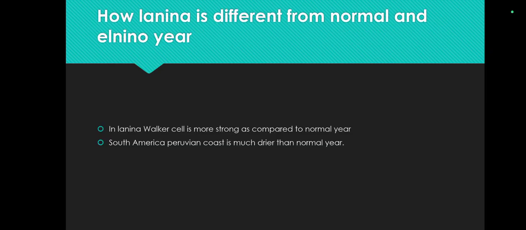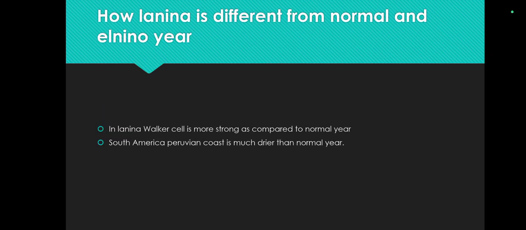Now I will tell you about La Nina, the third term, and how La Nina is different from the normal year and the El Nino year. In La Nina, the Walker cell is stronger as compared to the normal year, and the South American Peruvian coast is now much drier than in the normal year.